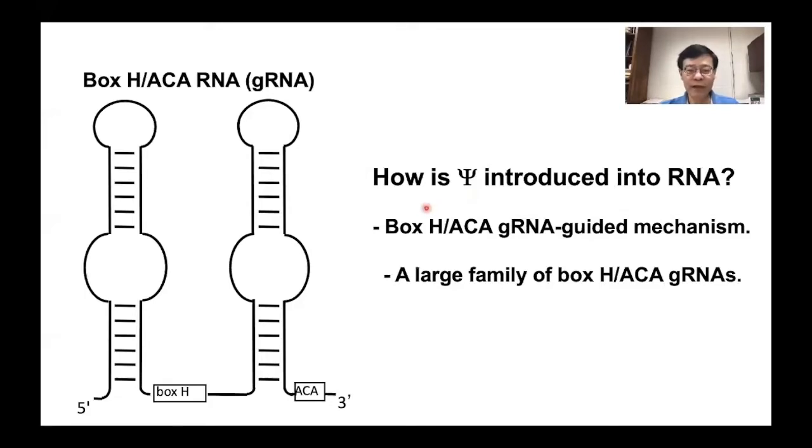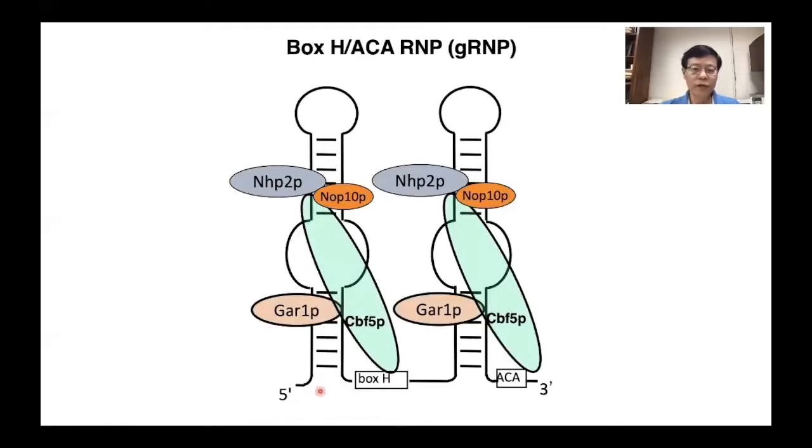Actually, there's a major mechanism called the box H/ACA guide RNA-guided mechanism. In the cell, there is a large family of box H/ACA guide RNAs, and each family member has a different sequence, but they can all fold into the same hairpin-hinge-hairpin-tail structure. Each family member is complexed with 4 common core proteins to form an RNA-protein complex in the cell. The 4 common core proteins are NHP2, NOP10, GAR1, and CBF5, and CBF5 is the enzyme that converts uridine into pseudouridine.